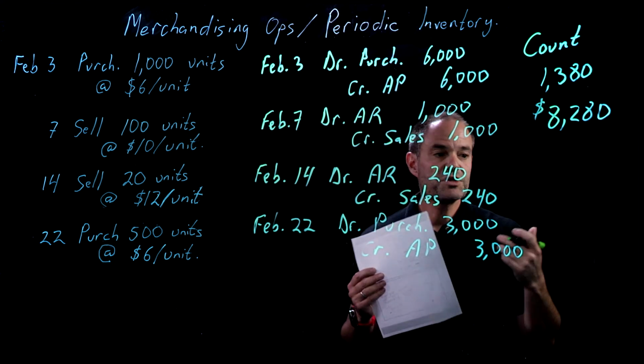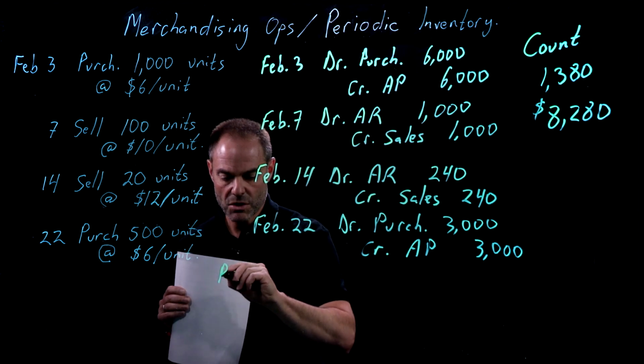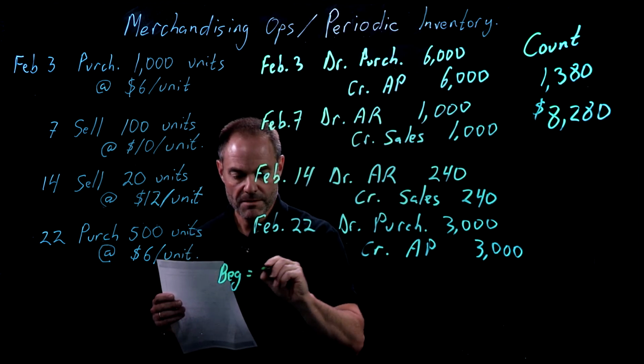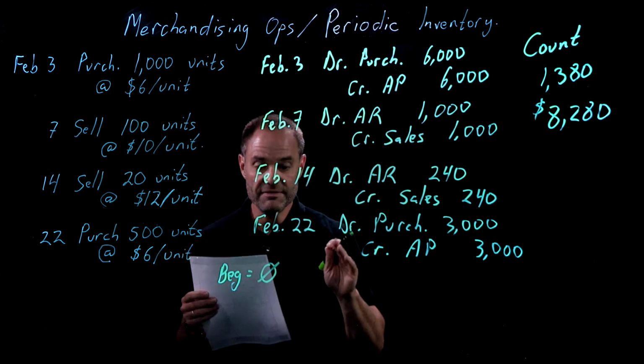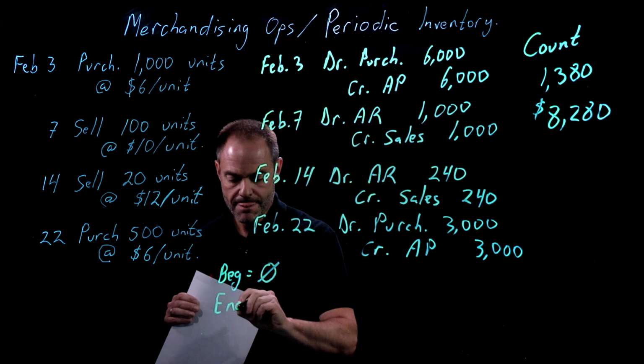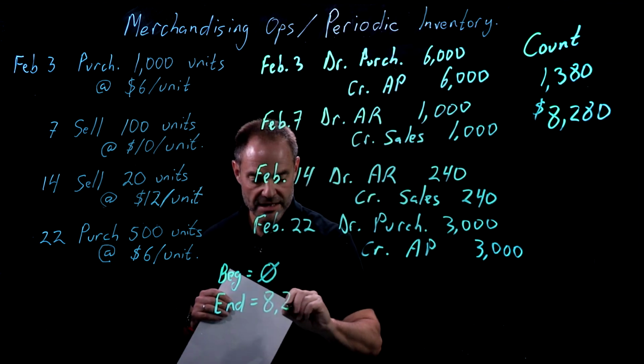So we know a few things now. We know that our opening inventory, we'll call beginning inventory, was 0. That's our assumption here, that there was no inventory on hand. Our ending inventory is 8,280.